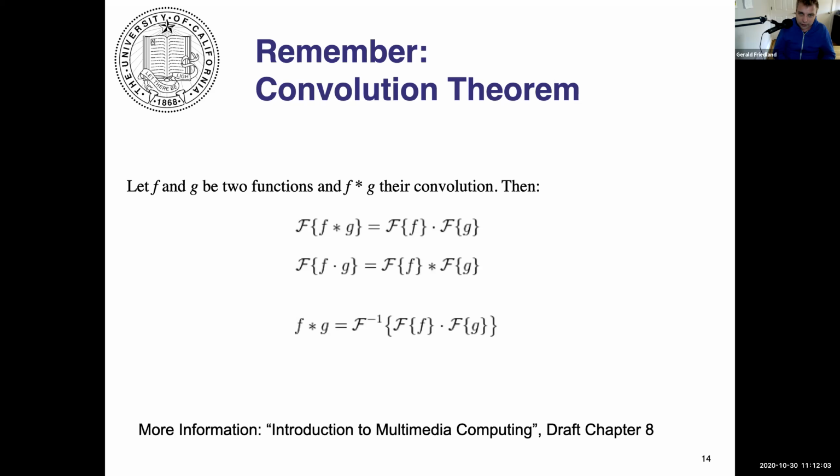And then there's another one that you should know from signal processing if you ever took a class, which is called the convolution theorem. If you have two functions f and g and their convolution, then in Fourier space you can either do the Fourier transformation of the convolution of f and g, or you can split it up into the Fourier transformation of f times the Fourier transformation of g, which is kind of nice because sometimes that can save a lot of time.